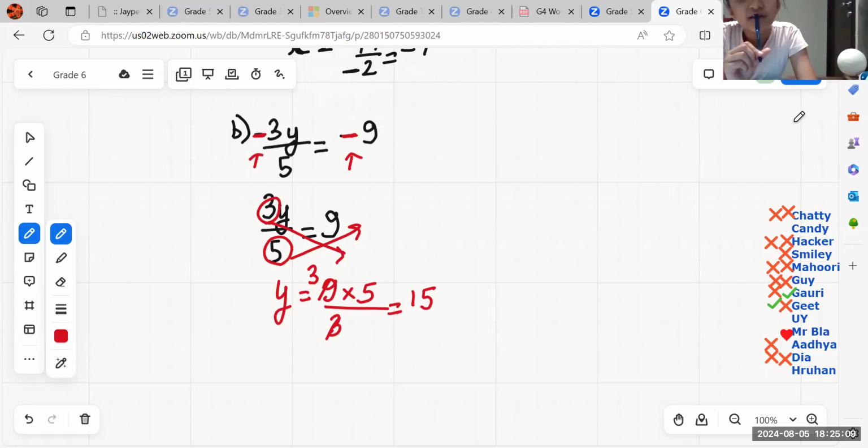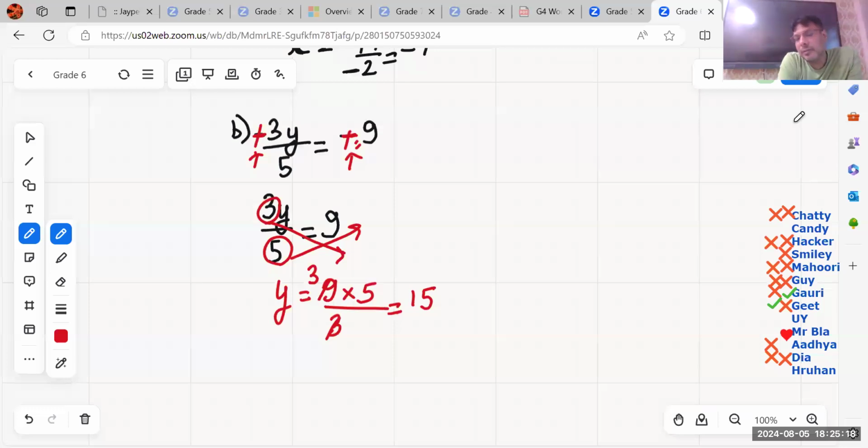Sir, I didn't understand the B part. B part बेटा दोनों side minus है ना. Yes, sir. So simply multiply by -1 and make them positive. Okay. Yes, sir.